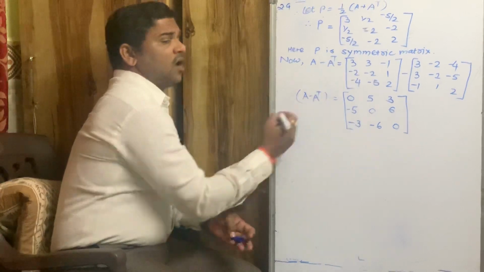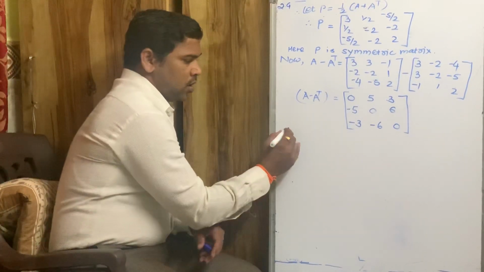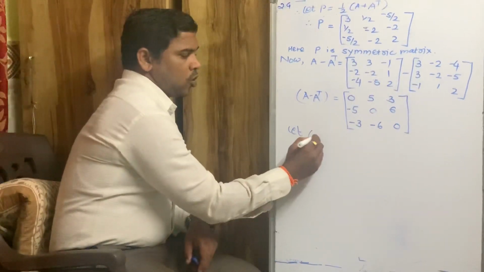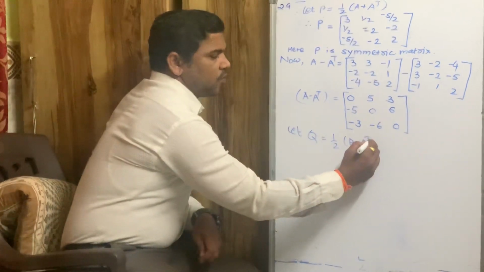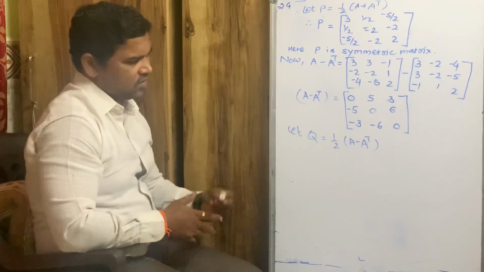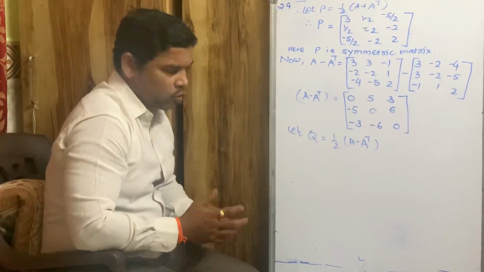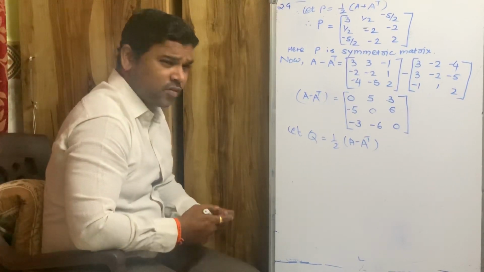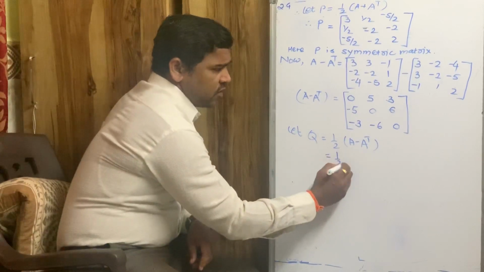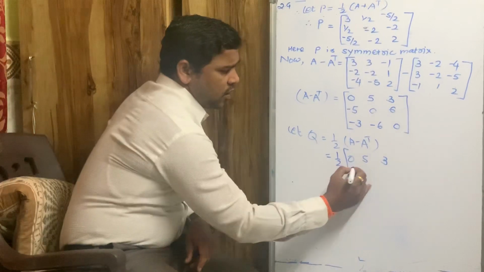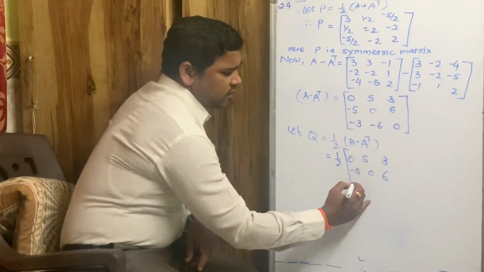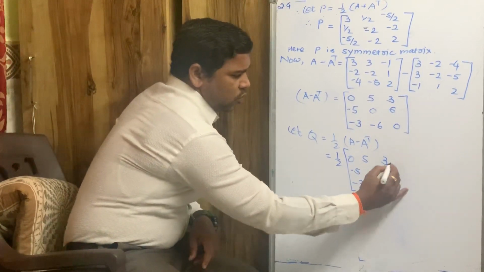Now what do we want? Half of it. Okay, so let Q be equal to half of A minus A transpose. Suppose the matrix Q is equal to half of A minus A transpose. So that is nothing but half into this matrix. Your matrix is 0, 5, 3; minus 5, 0, 6; minus 3, minus 6, 0.